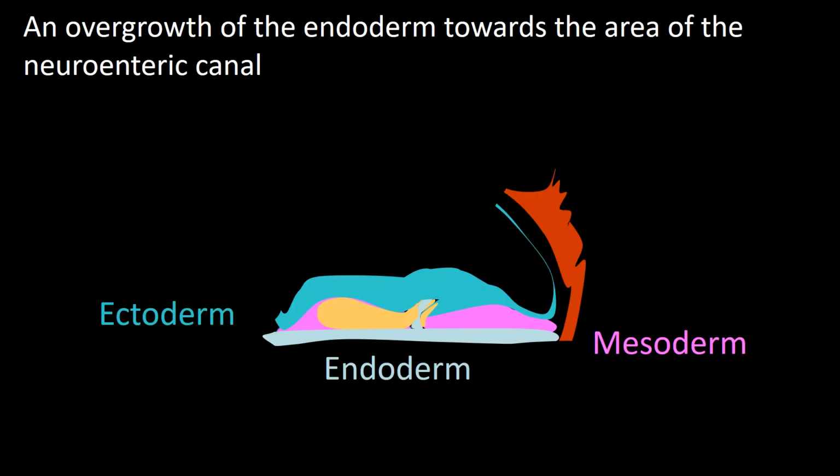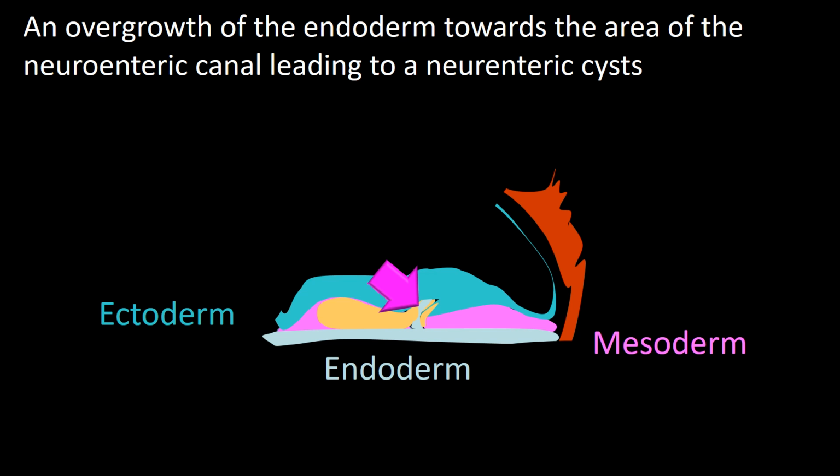The second pathology I would like to mention is due to an overgrowth of endoderm towards the area of the neuroenteric canal and lack of timely involution of the endoderm tissue, as indicated in this frame. In such cases, neuroenteric cysts will occur.